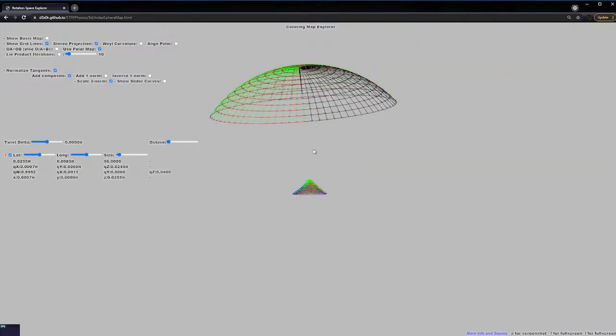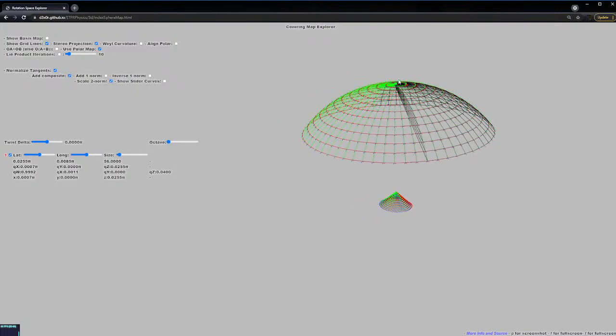Okay, anyways, if we start with a small patch, this is out 45 degrees and around 360 degrees.